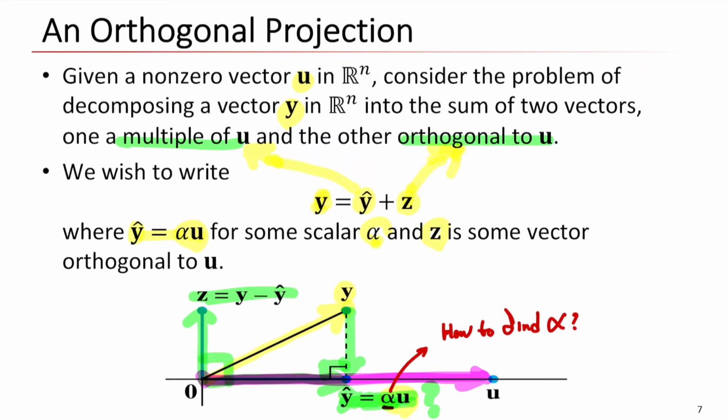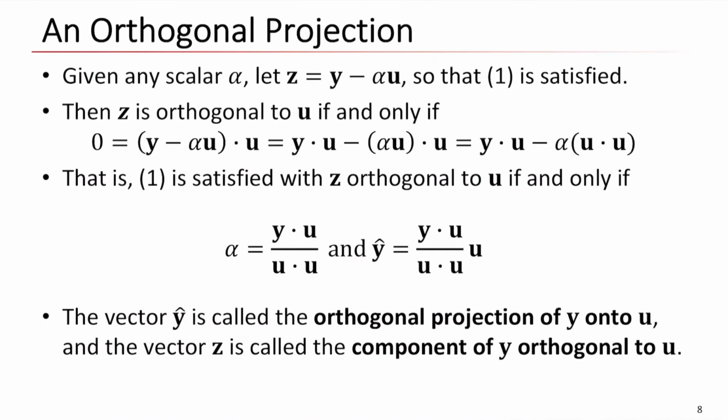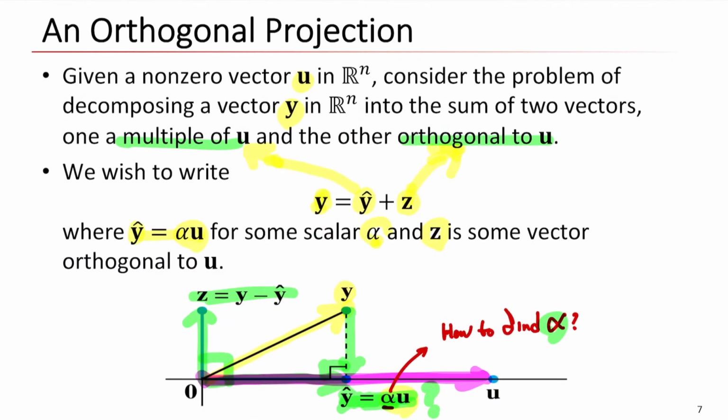So what I want to do is to find out the alpha that satisfies this problem setting. Given any scalar alpha, let z be equal to y minus alpha u. This is y, this is alpha u, the y hat, so y minus y hat should be here.